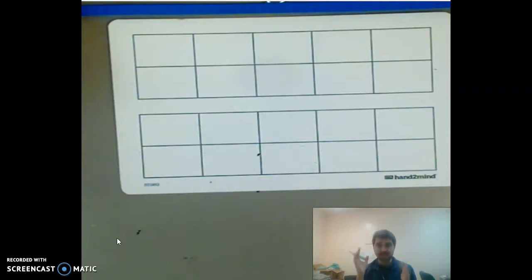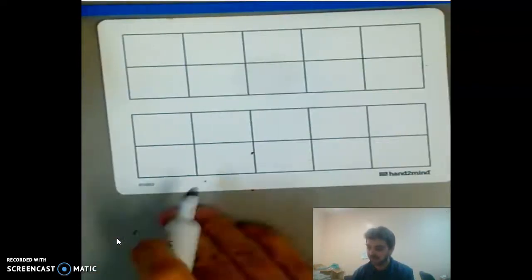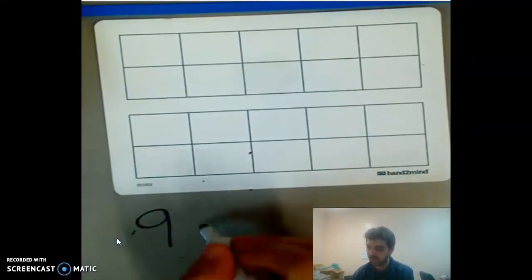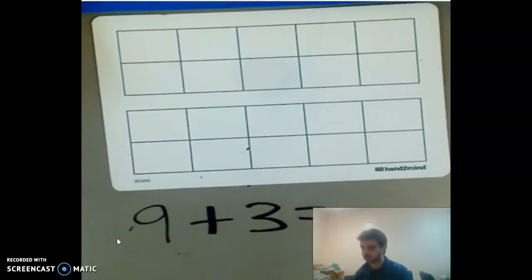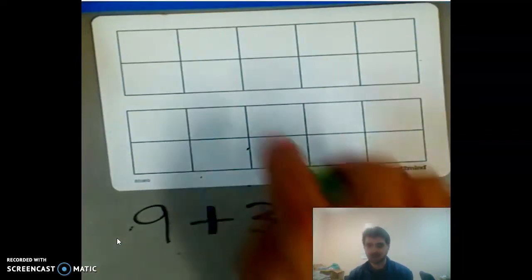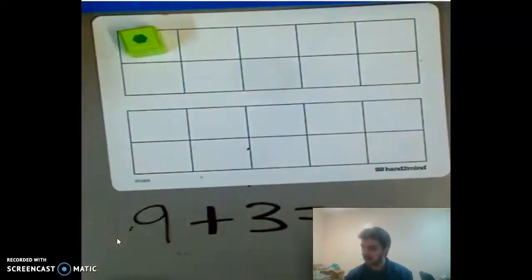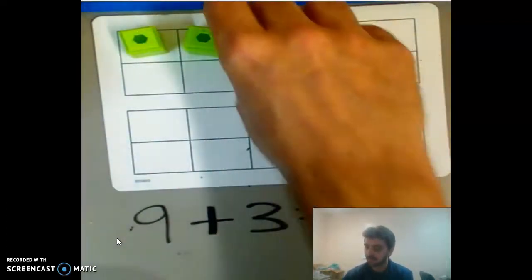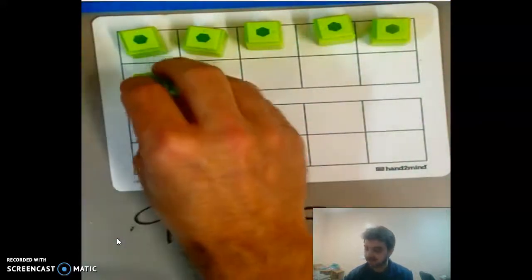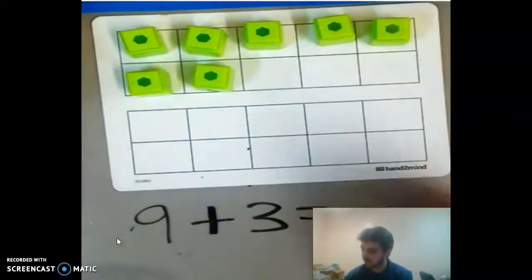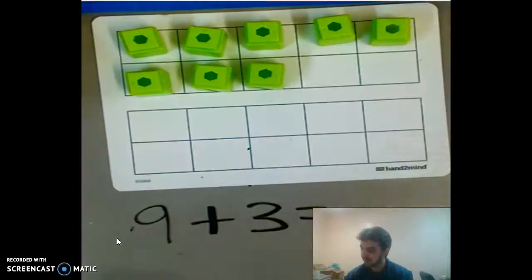Remember, I keep saying the 10 is awesome, the mighty 10. So for example, if I was doing 9 plus 3, okay, what I could do is I'm going to use my double 10 frame. So I'm going to put down 9, 1, 2, 3, 4, 5, 6, 7, 8, 9.